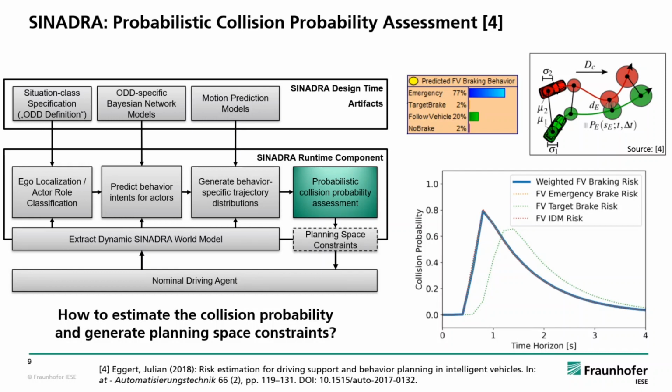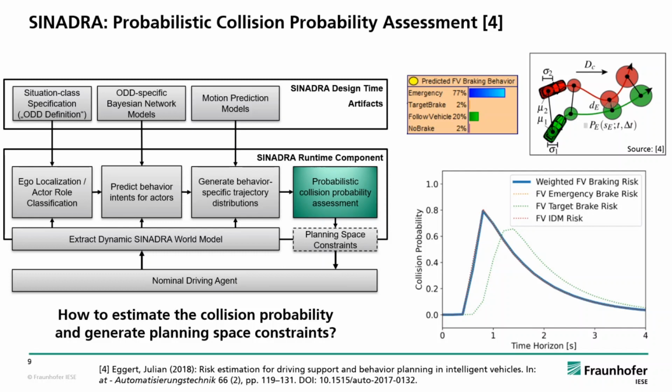So in this particular case, the follow vehicle or target brake behavior intents have very low probabilities, and that's why the weighted front vehicle braking risk would tend to assume the shape of the graph of the emergency braking intent risk, so to say.